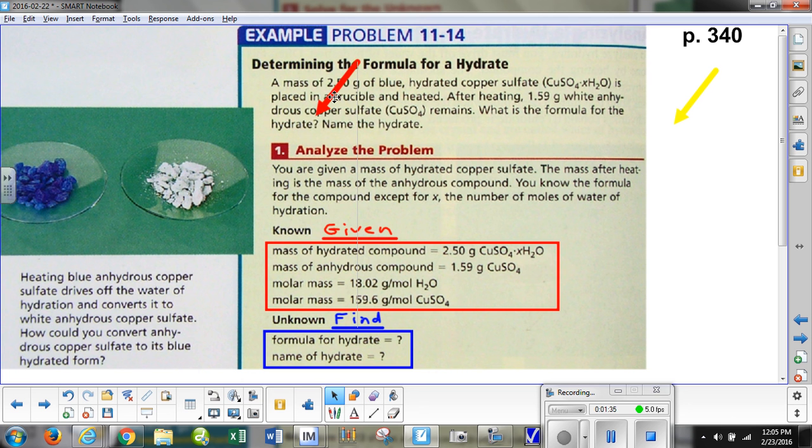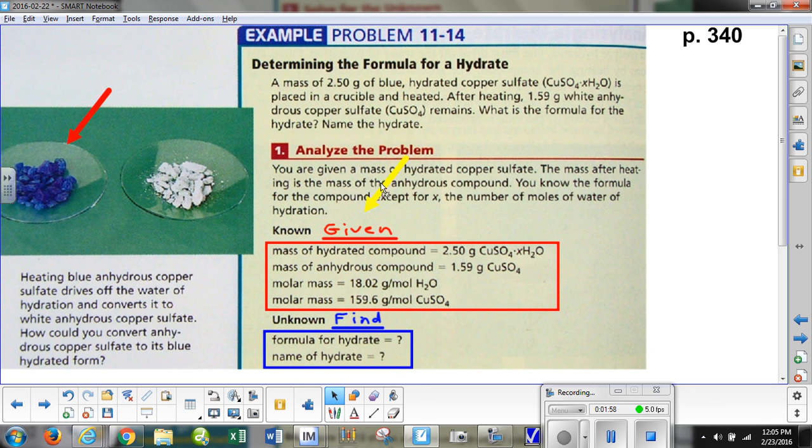And you're supposed to find the formula for the hydrate. And then we're supposed to name it. And that's what you're going to do in your lab tomorrow. So the hydrate's here, and the hydrate after the water is lost, which is just the salt itself, is sitting here. Sometimes a picture really helps to get this well in mind.